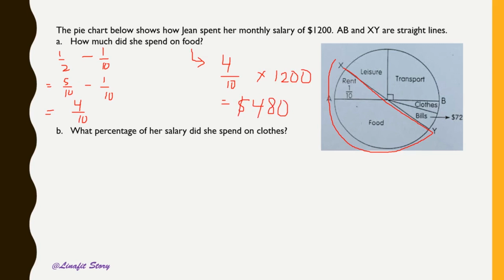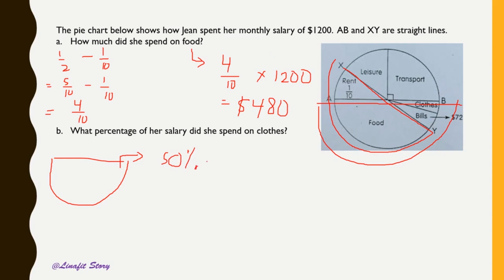Question B. What percentage of her salary did she spend on clothes? Now you may see there is another semicircle. Consists of food, bills, and the clothes. Her monthly salary was $1,200. Half of it would be 50%, or 1 out of 2 times $1,200 equals $600.